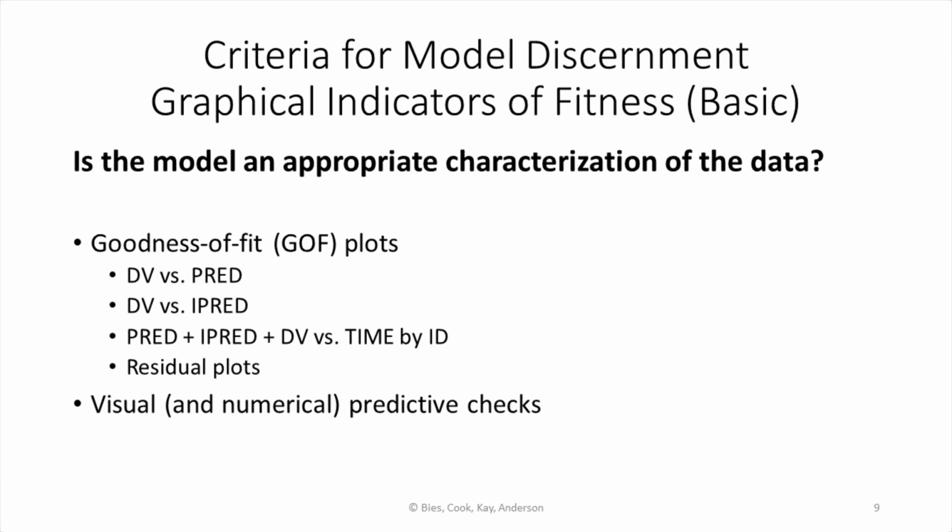So it's adjusted for the individual observations and individual covariates. And then plots by individual that show the time course of the data, show the time course predicted by the model at the population level, and show the time course of the predictions from the model at the individual level.